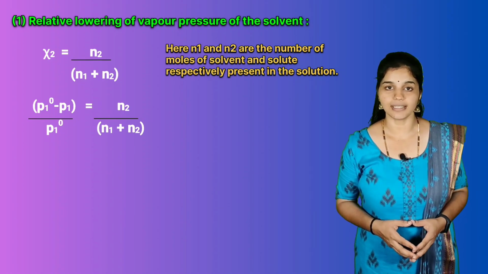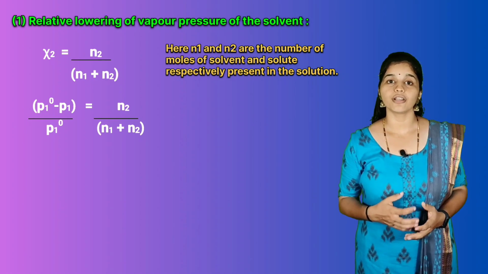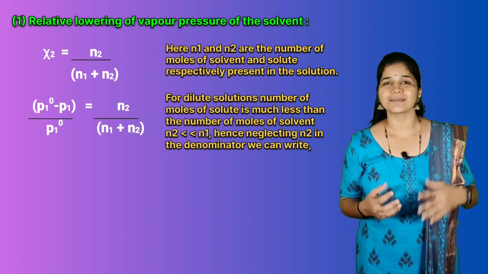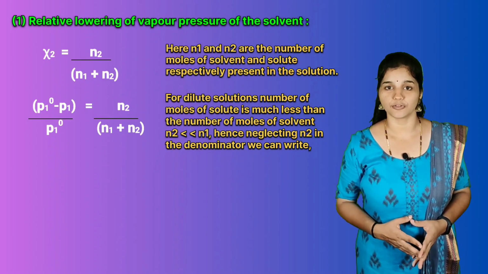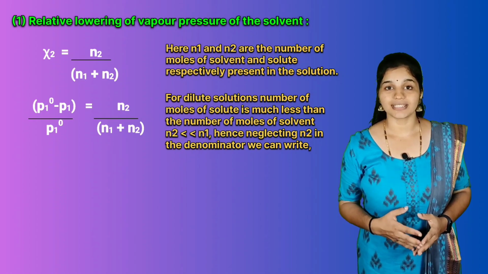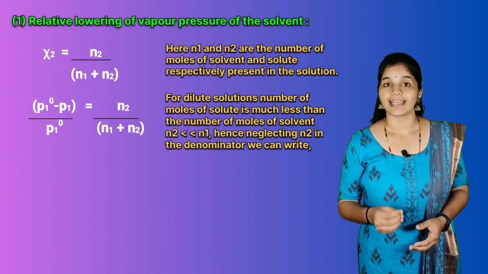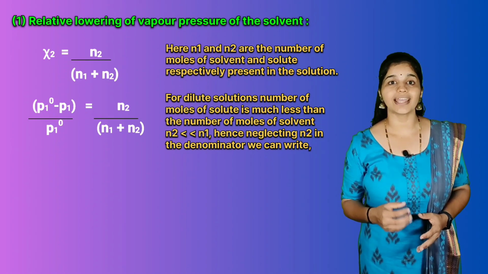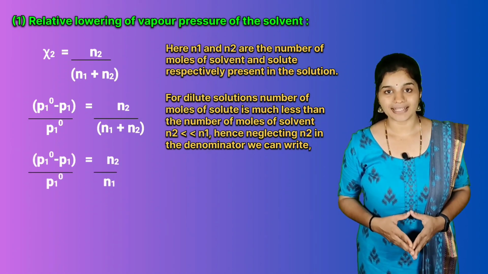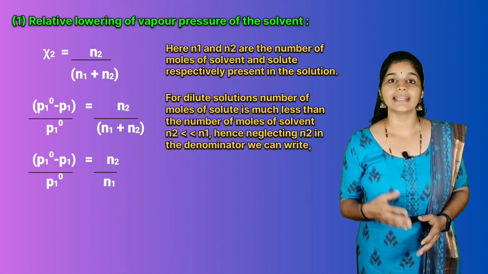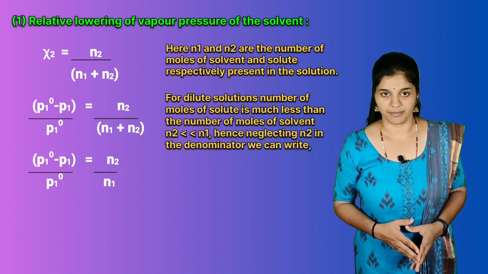For dilute solutions, the number of moles of solute is much less than the number of moles of solvent, that is, n2 is much less than n1. Hence, neglecting n2 in the denominator, we can write (P1⁰ − P1)/P1⁰ = n2/n1.